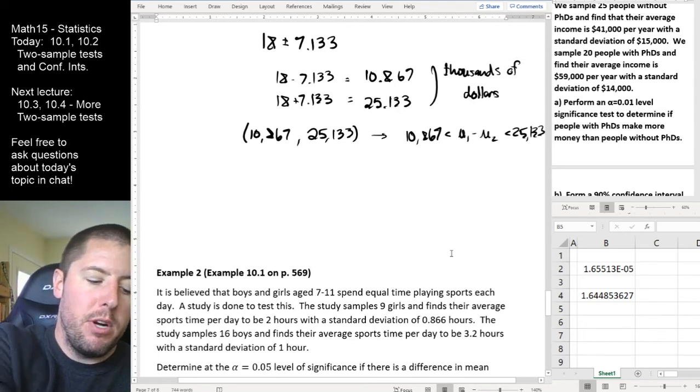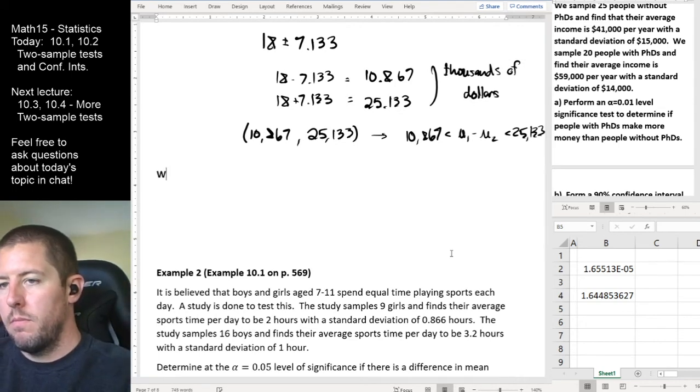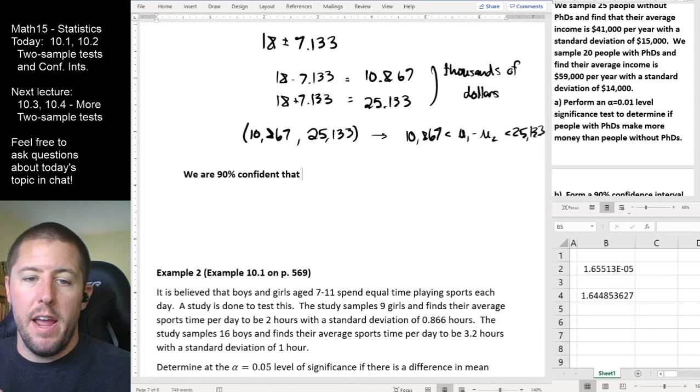We are 90% confident at the true average. Let's see here. Sorry. So these are a little bit tougher to phrase when we're comparing two samples here. So let's be a little bit more careful here.